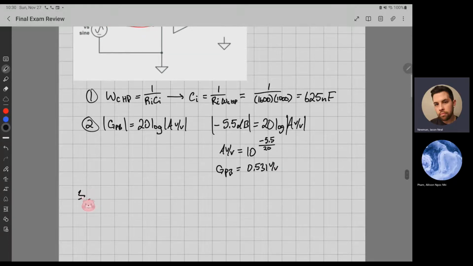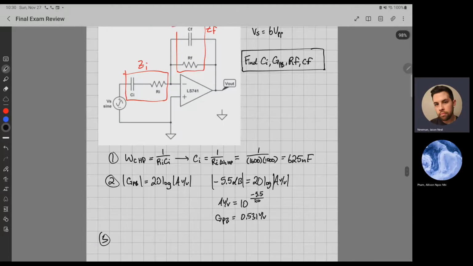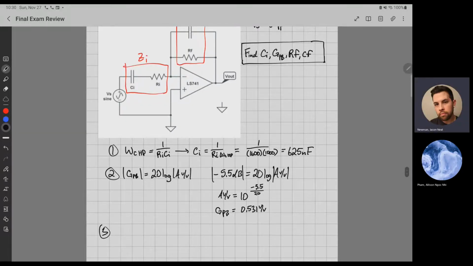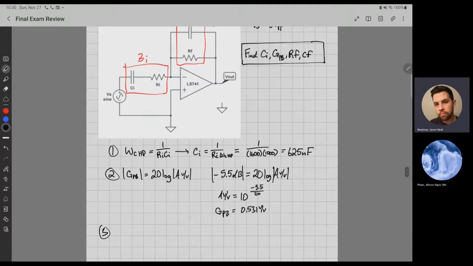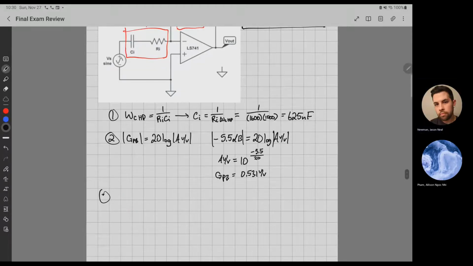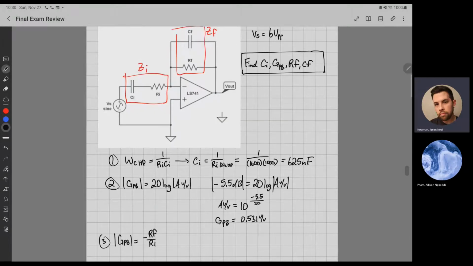Then let's do number 3. Number 3 asks us to find RF. Can we find RF right now? Well, I think we can. There's a formula: gain in the passband is equal to negative RF over RI, because this is a bandpass filter.